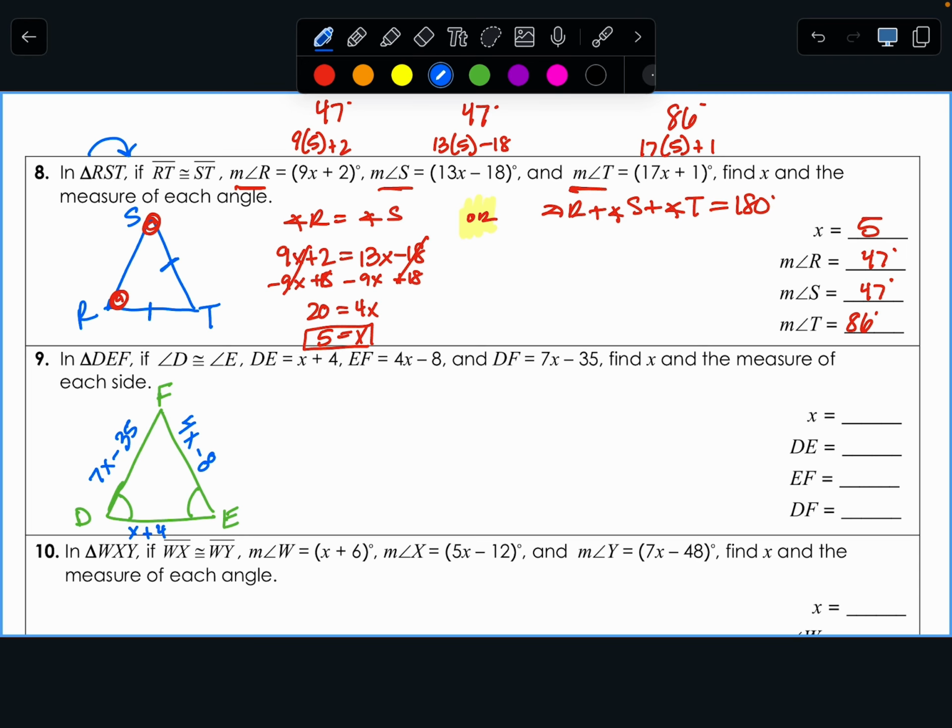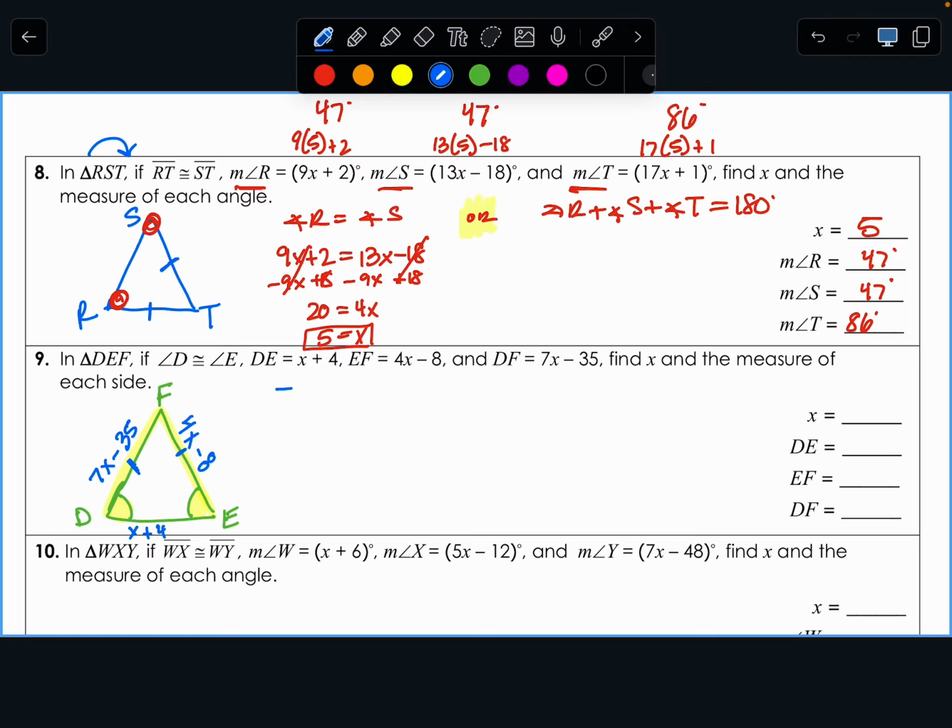Now, unless I give you the perimeter, which I don't in this question, the only way you know what to do is if you understand that because these angles are congruent, these legs are congruent. So the only way that you can solve this problem is if you know about isosceles triangles.